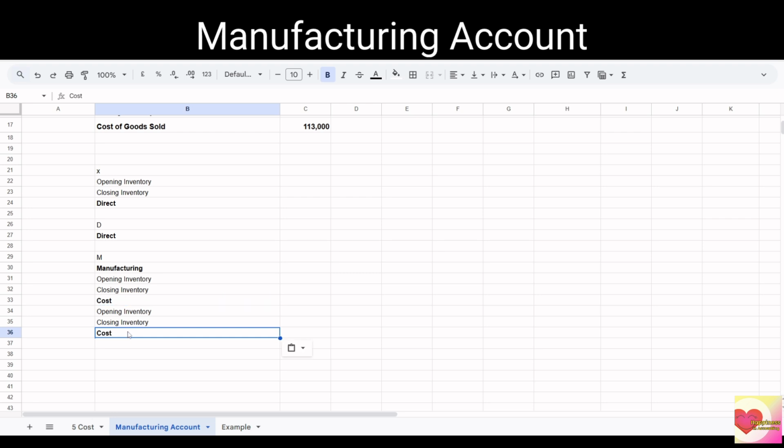The very first thing that we need in manufacturing are the raw materials. So this first subtotal is direct materials used. And these are opening and closing inventory of raw materials.